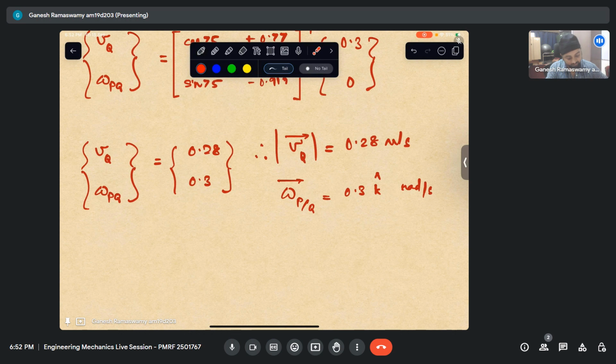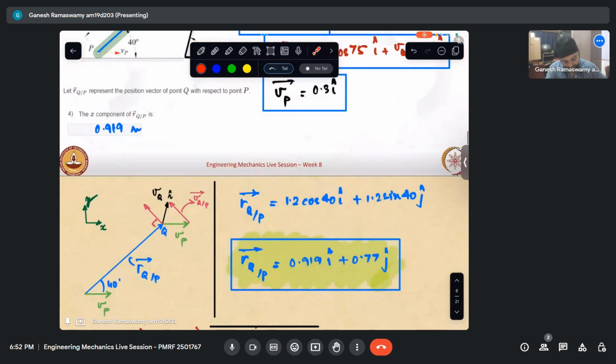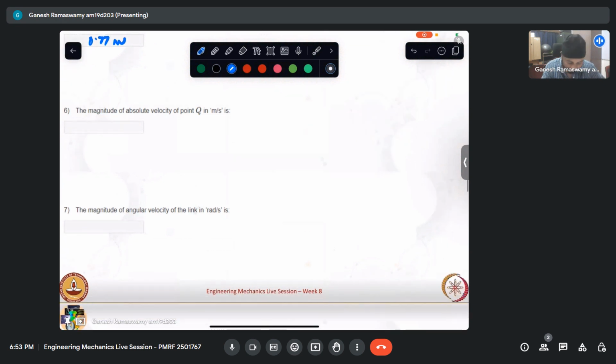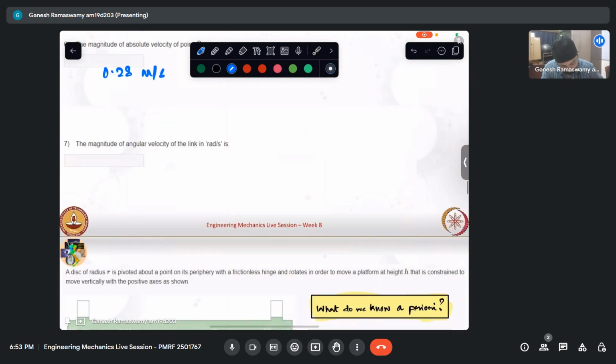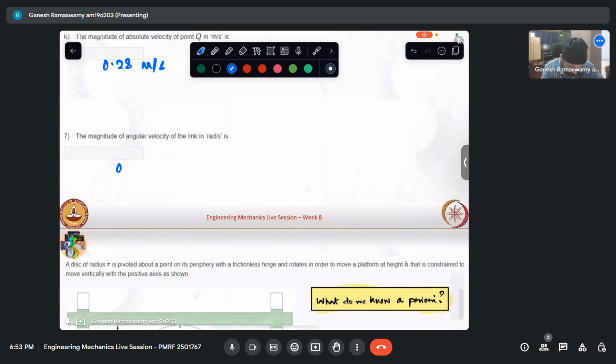So this value is okay. So we can populate this in the answers. The magnitude of absolute velocity is 0.28 meters per second, and the angular velocity comes to 0.3 k cap. But the magnitude is asked.